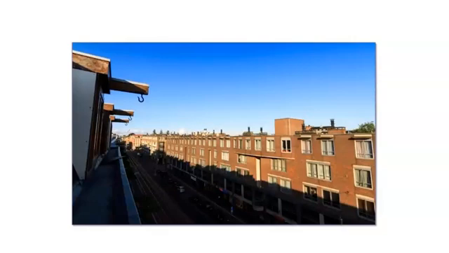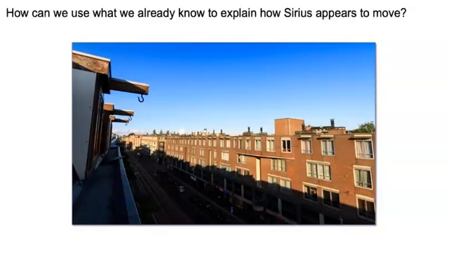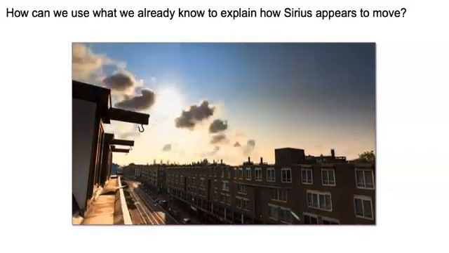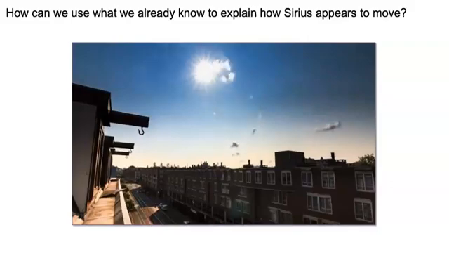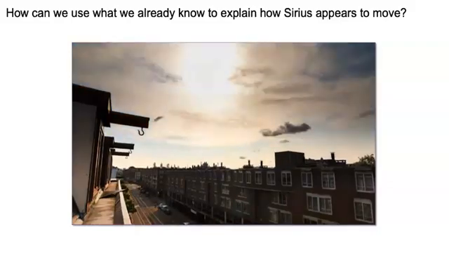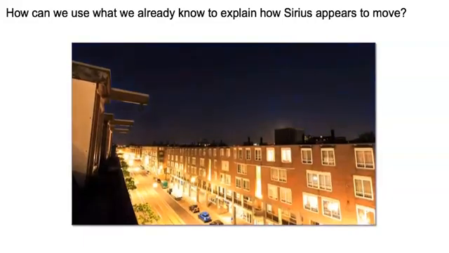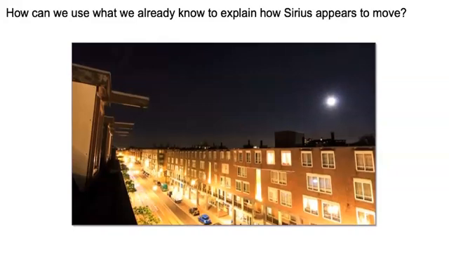I wonder, how can we use what we already know to explain how Sirius appears to move? Well, what have we already observed about the apparent motion of objects in space? We have observed that the sun appears to move from east to west in the sky. We also observed that the moon appears to move from east to west in the sky.